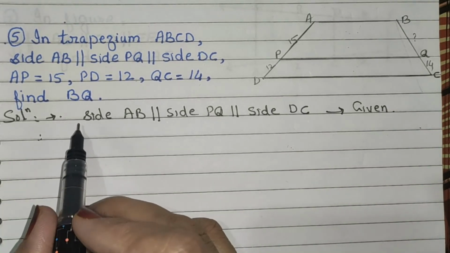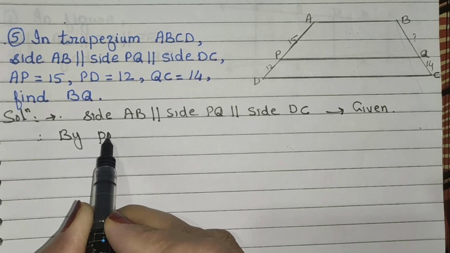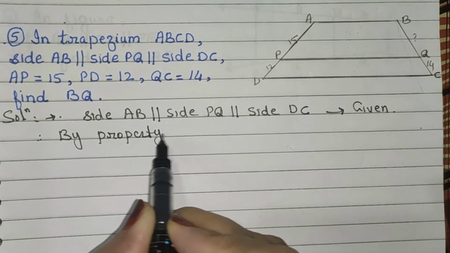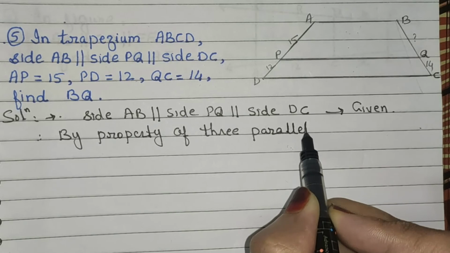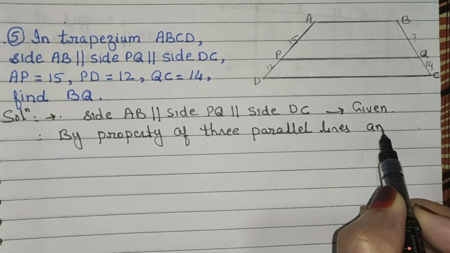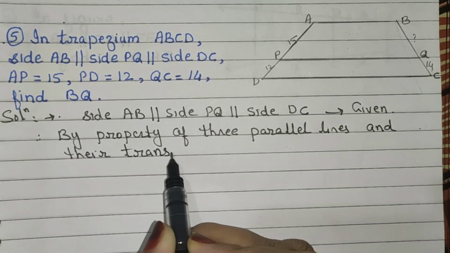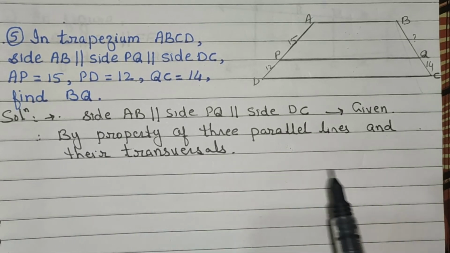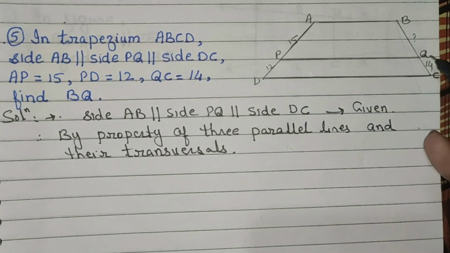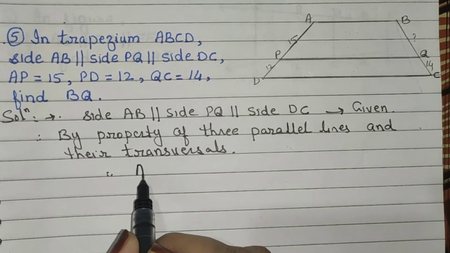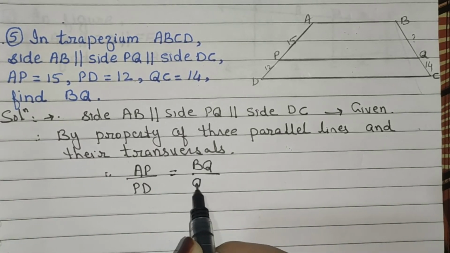Therefore, by property of three parallel lines and their transversal, we know that AP upon PD is equal to BQ upon QC.